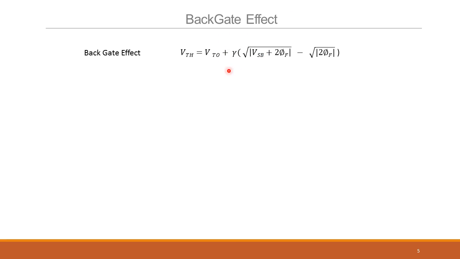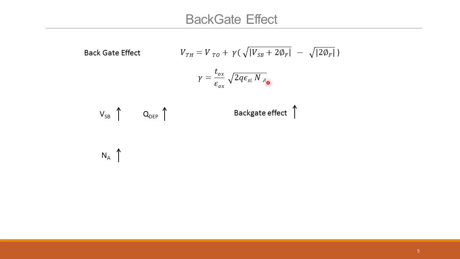This factor gamma is called the backgate coefficient and is given by Tox by epsilon naught times root of 2q epsilon of silicon times Na, where Na is the substrate doping. Tox is the gate oxide thickness. Okay. So if you increase VSB, Q depletion increases, backgate impact increases.